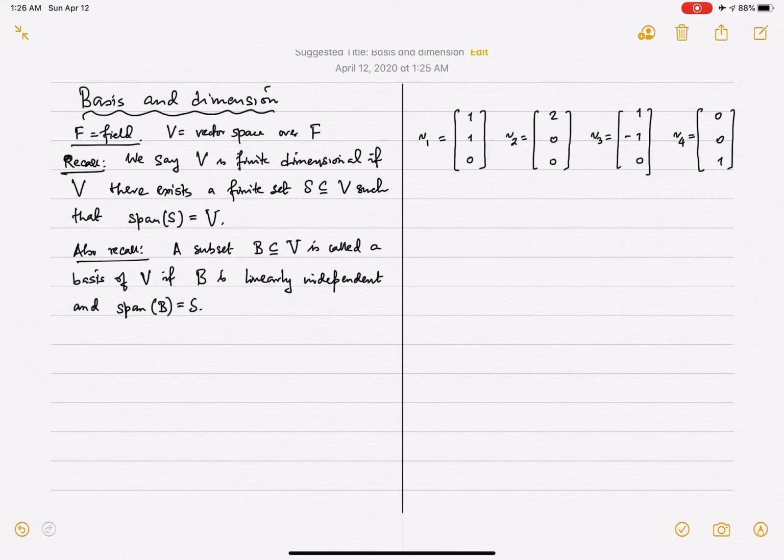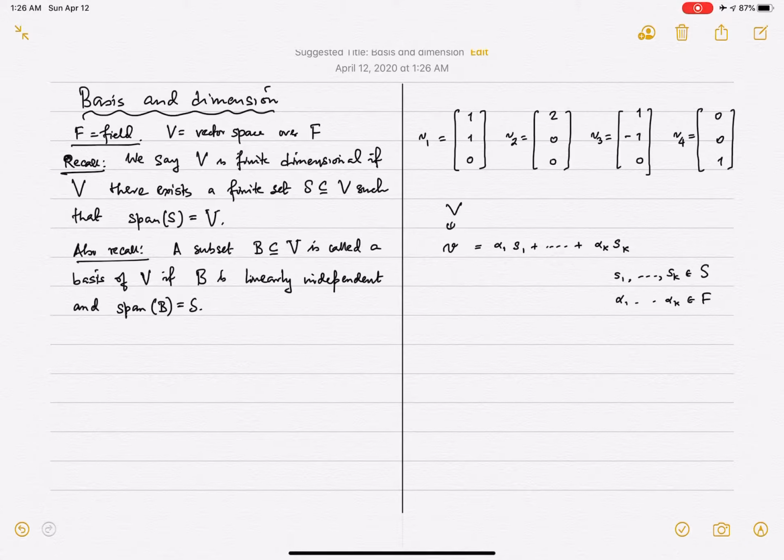We say that V is finite dimensional if there is a finite subset S in V such that the span of S is V. What that means is that every element of V can be written as a linear combination of elements of S. So if you give me some v in V, then I should be able to find s1, s2, ..., sk from S, and alpha 1, alpha 2, ..., alpha k from the field such that this combination is equal to v.